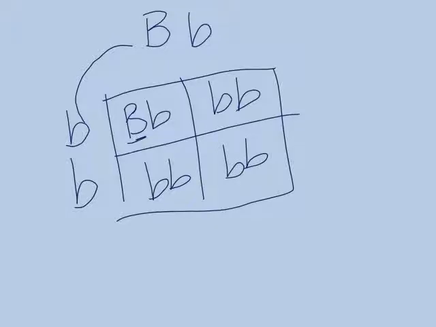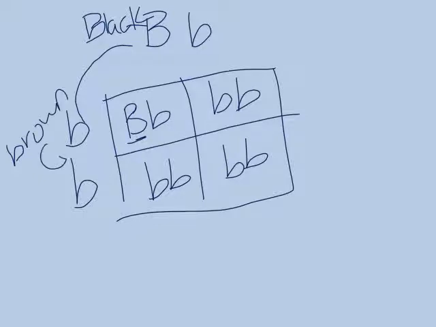Okay, and let's pretend like this isn't color blindness because we'll actually get to color blindness in the next section, because color blindness is sex linked, so this isn't actually how you do it. Let's pretend like this is hair color. Let's say that big B is black and little b is brown.